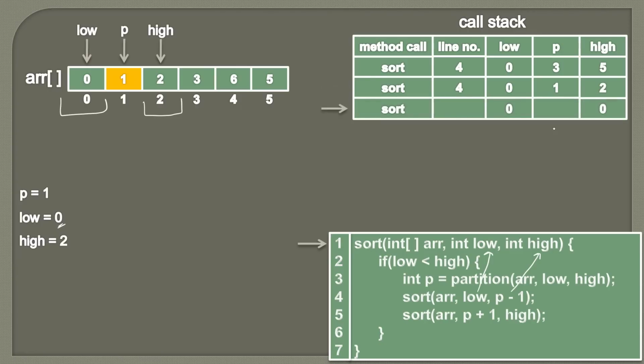So it looks like this, that this low which was 0, it's 0, P minus 1 which is 0 index, so high becomes 0. So it looks like this.